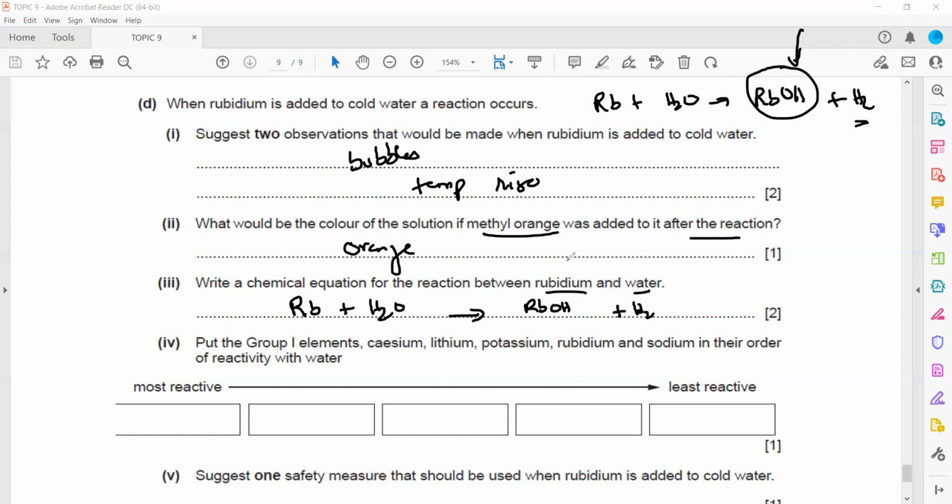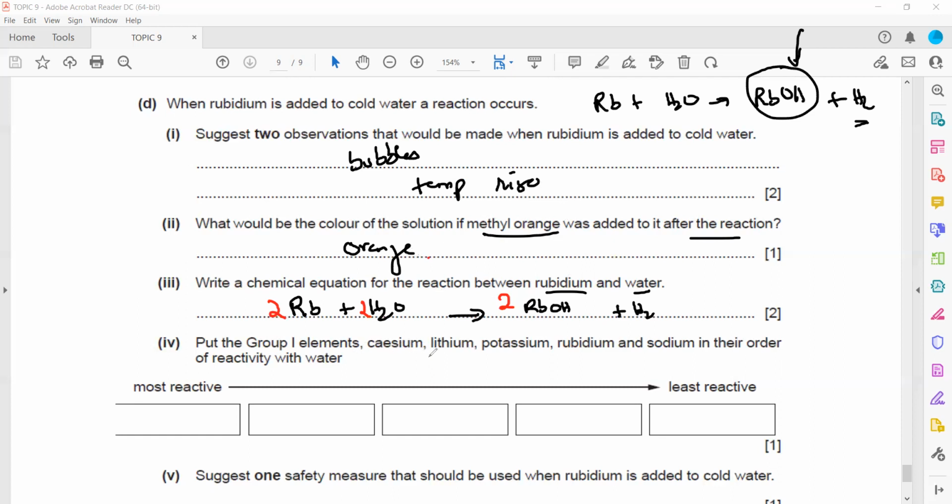Then we have to balance the equation. Hydrogen 3 are there, so we will put 2. 4 hydrogen, so we put 2. Hydrogen is also balanced. So this equation is balanced in terms of rubidium, hydrogen, and oxygen.